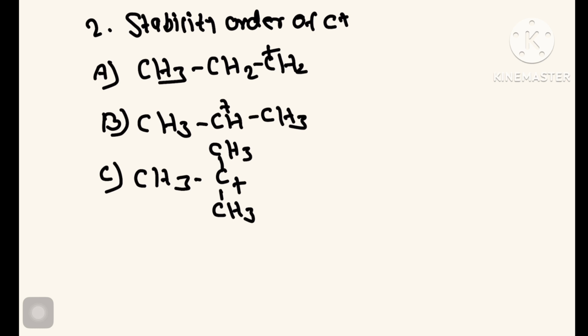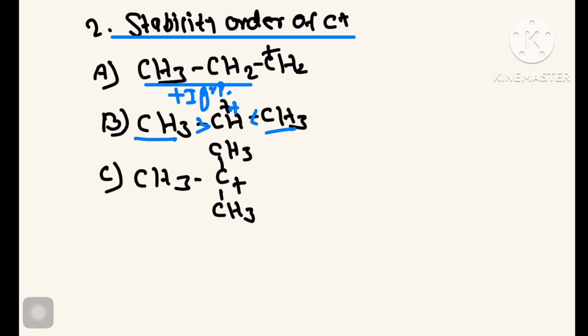So if I am talking about stability order of carbocation, just think, here CH3, CH2, plus I group, plus I group. Also here plus I group, plus I group. So I told you I effect is distance dependent. So here from near, both groups donating electron, positive charge reduces. Also here donating electron, donating electron, donating electron. So positive charge reduces.